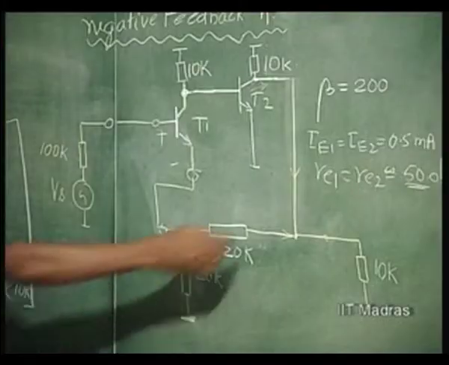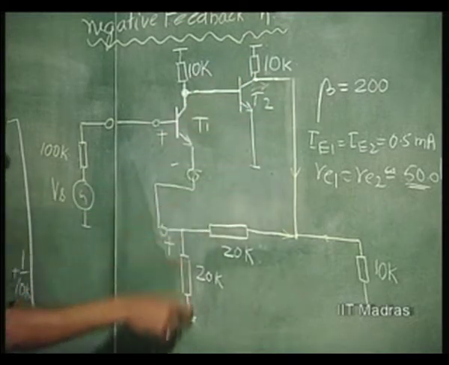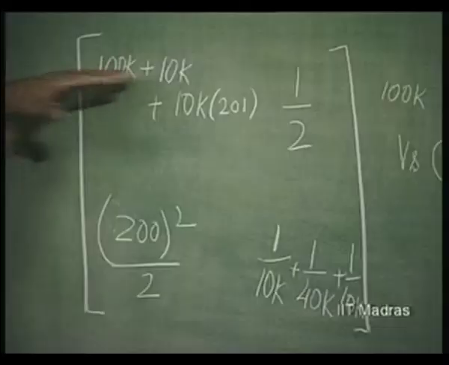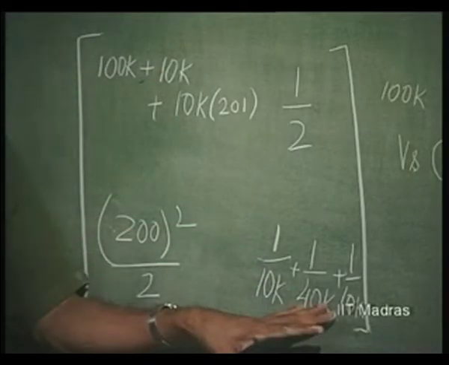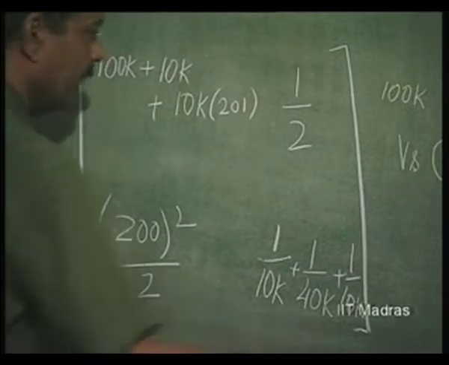So, total admittance at this node: this 1 over 10K, this 1 over 40K, this 1 over 10K, total admittance. Here it is total impedance, here it is total admittance. So, that is all. This is the composite H parameter. Right. So, basically let us evaluate this.